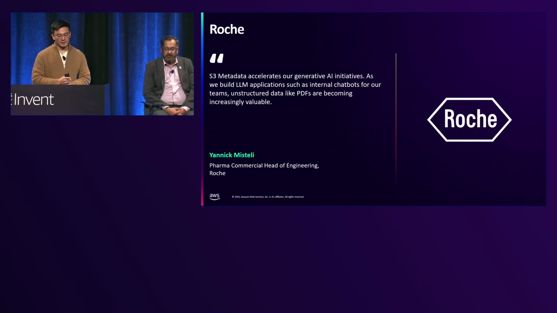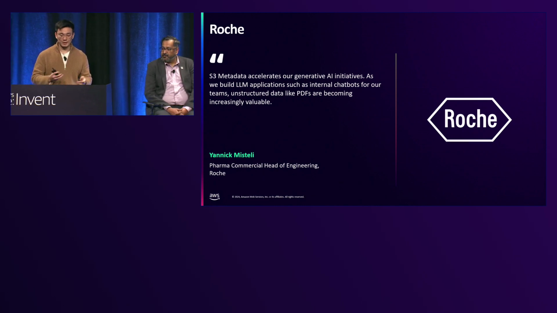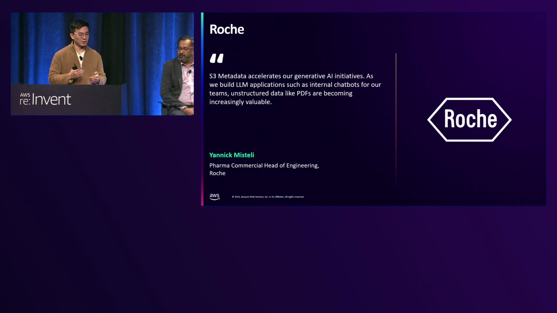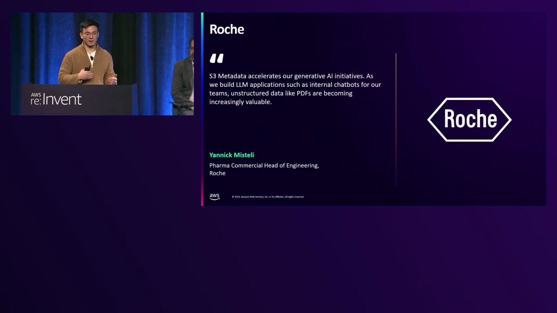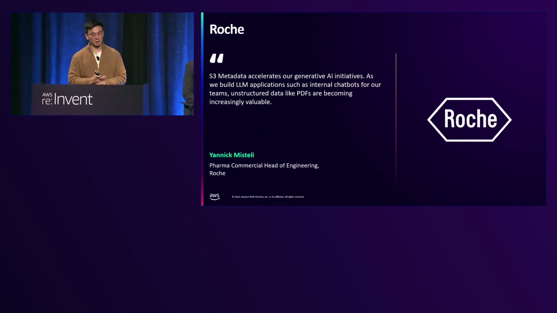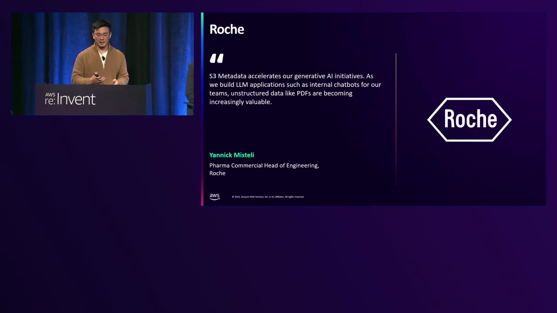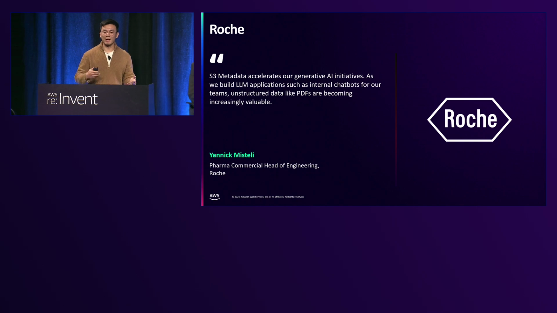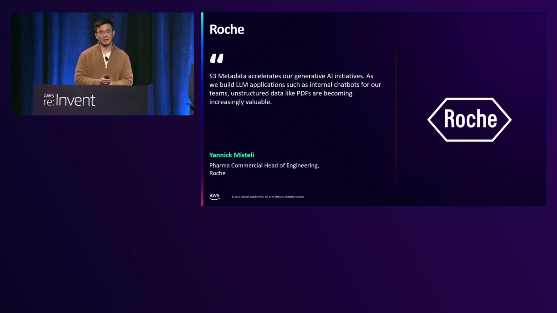Last thing I will say is some of our customers like Roche, which is planning to use S3 metadata exactly in this sort of custom metadata pattern that we just described, where their use case is that as they are building more and more LLM applications like internal bot for sales team, their volume of unstructured data is growing, like PDFs and company documents, and they care about the S3 system metadata, but they also want to care about business context specific metadata, like they want to classify this document into different departments.